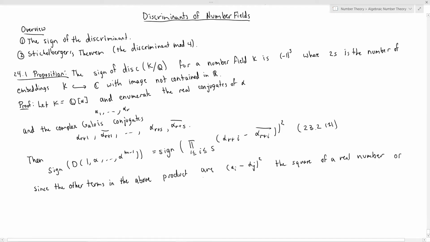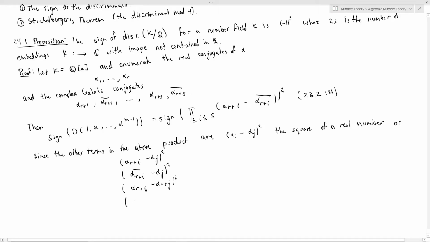or they're of one of the following forms: (alpha_{r+i} minus alpha_j) squared, (alpha_{r+i} bar minus alpha_j) squared, (alpha_{r+i} minus alpha_{r+j}) squared, or (alpha_{r+i} bar minus alpha_{r+j}) squared, or it could also look like this: alpha_{r+i} minus alpha_{r+j} bar.